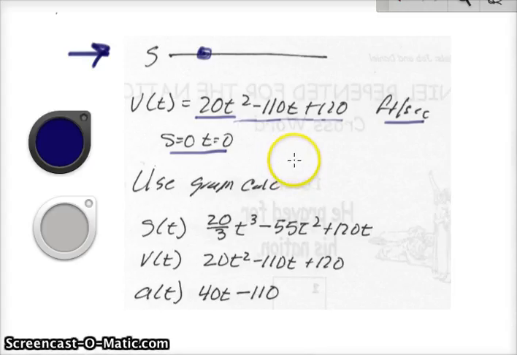Now, what we're going to do is use a graphing calculator. But first, let's just use a little common sense. This is the velocity function. Remember, the derivative of the distance function is the velocity. The derivative of the velocity function is the acceleration.